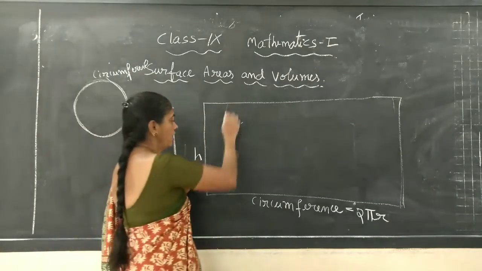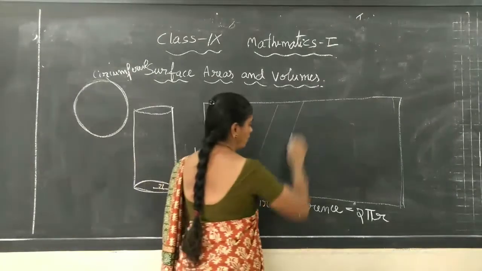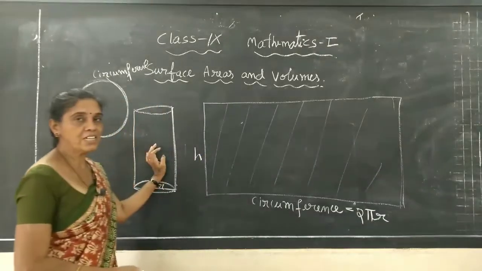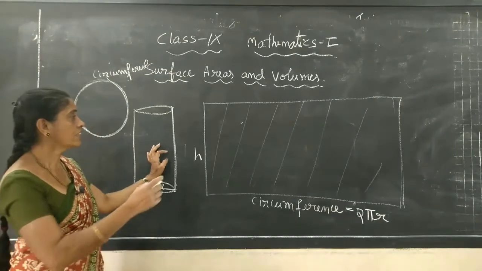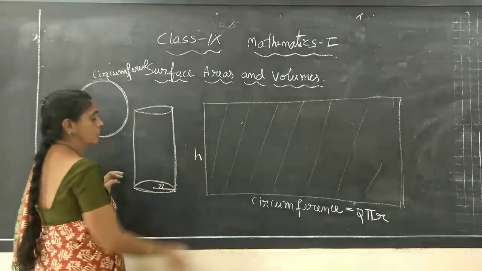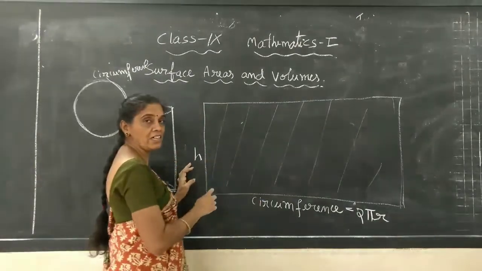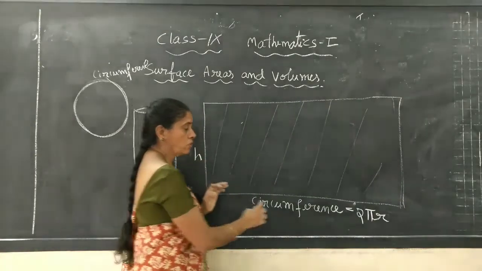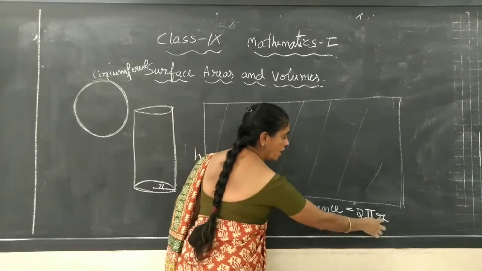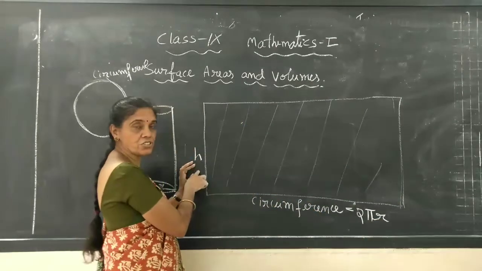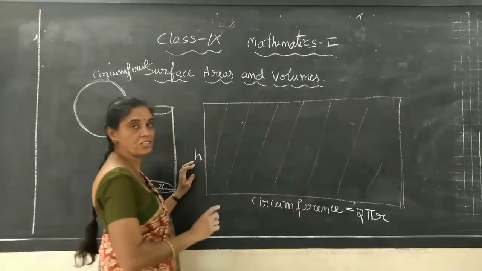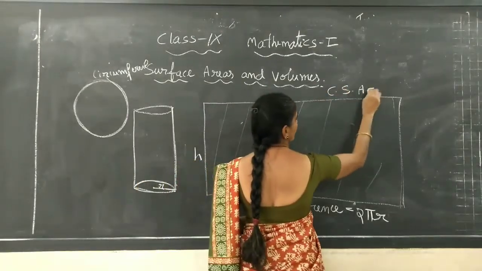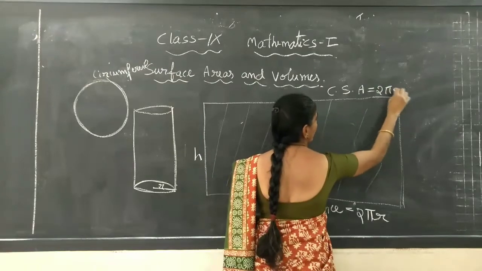So what is the area of this figure, which is nothing but the curved surface area of the cylinder? It is the area of this rectangle, which is length into breadth. One side is 2 pi R, the other side is H. So the curved surface area is nothing but 2 pi R H.